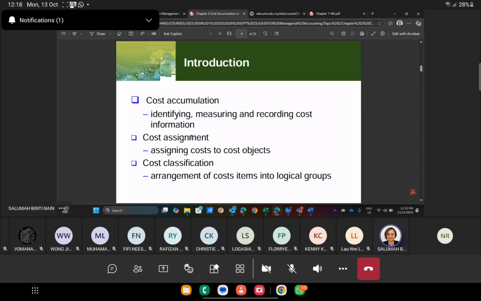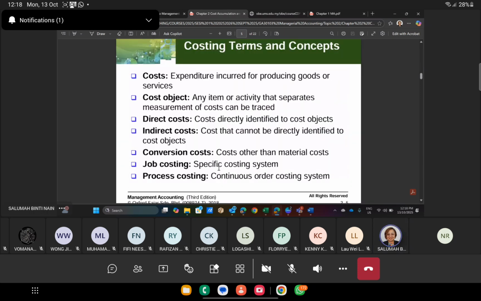So this is basically the introduction of cost accumulation, cost assignment, and also cost classification. This is very important before you go to every one of the methods in management accounting. The first thing is you must understand the basic costing terms and concepts.